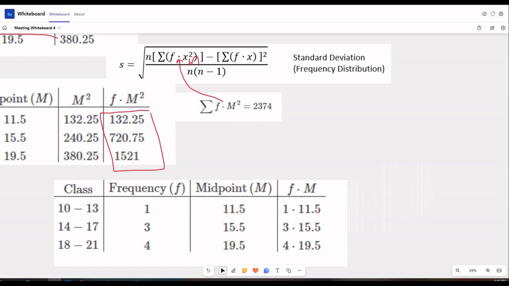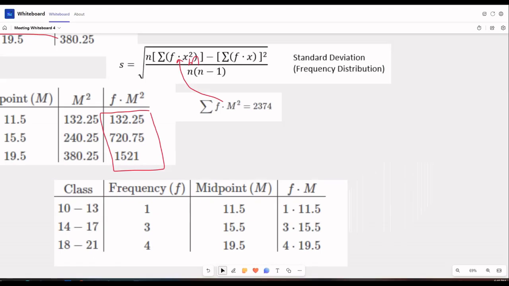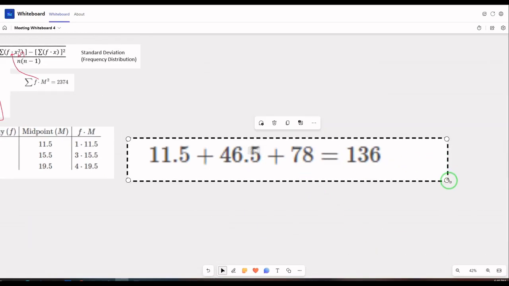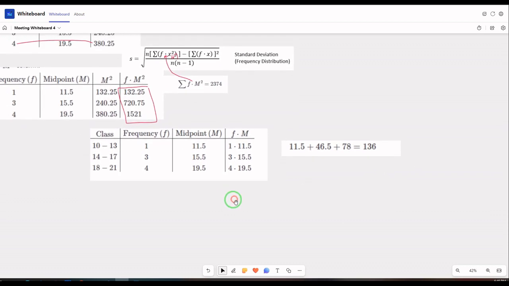And if I add all of these values together, let's see, it will come up to 136. Okay, 136. So I multiplied each one by its frequency and then added all of it together. So this is the total, right? I can put it here.